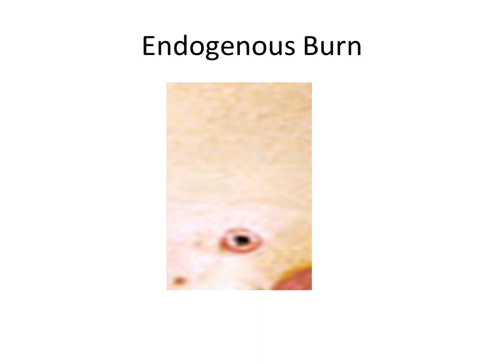This picture is not so good, but I think you can get a very good picture in your textbooks, and this will help you to identify how this endogenous burn looks.